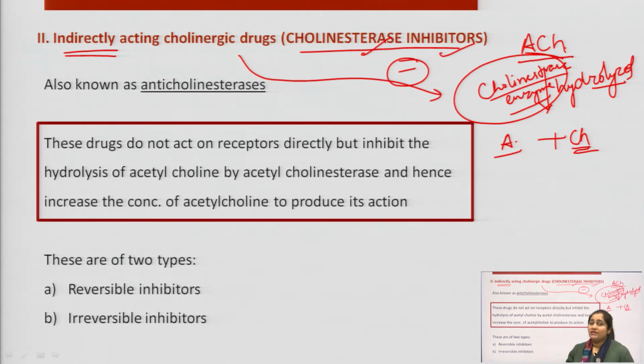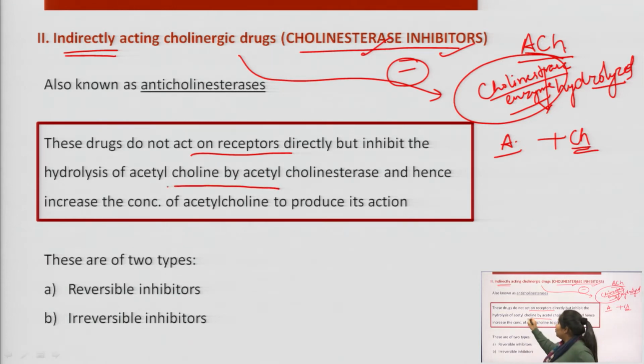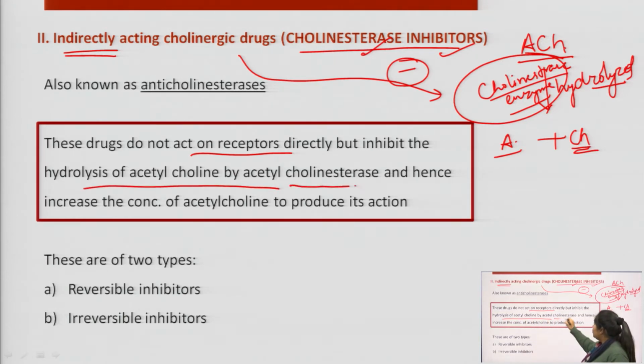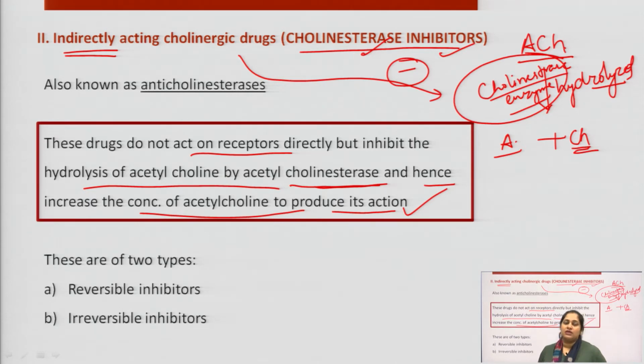So, these drugs do not act on the receptor directly, but inhibit the hydrolysis of acetylcholine by the acetylcholinesterase enzyme, and hence increase the concentration of acetylcholine so that it can produce its action in the body.